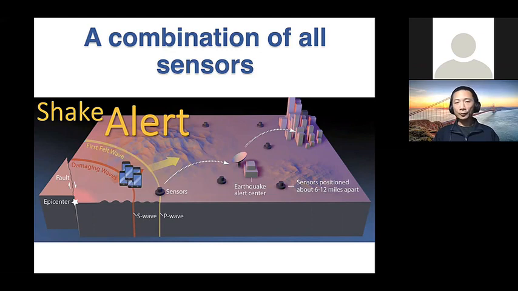So the idea of using smartphones is that with more smartphones detecting the earthquake, we can improve our speed of detection, which gives us more warning time. And also, if there are no seismic stations in countries like Nepal, this smartphone network can work as a standalone seismic network.